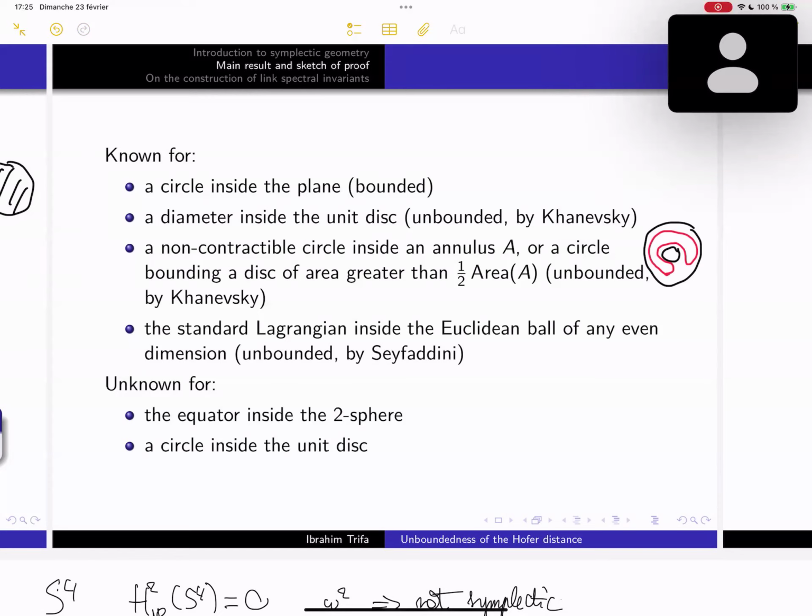And then in 2013, my advisor, Seyfaddini, generalized Khanevsky's result about the diameter inside the disk to higher dimension.